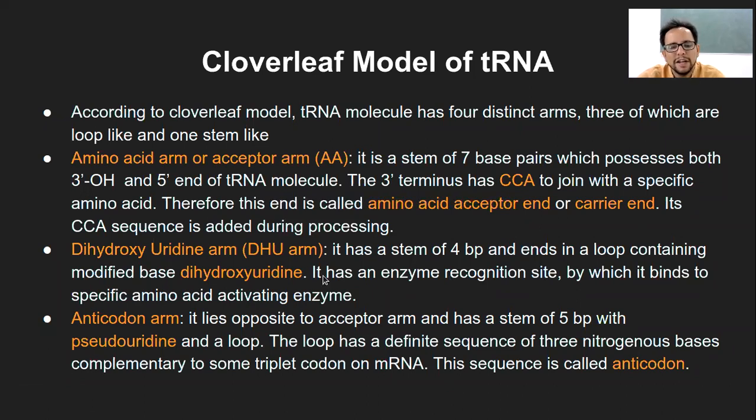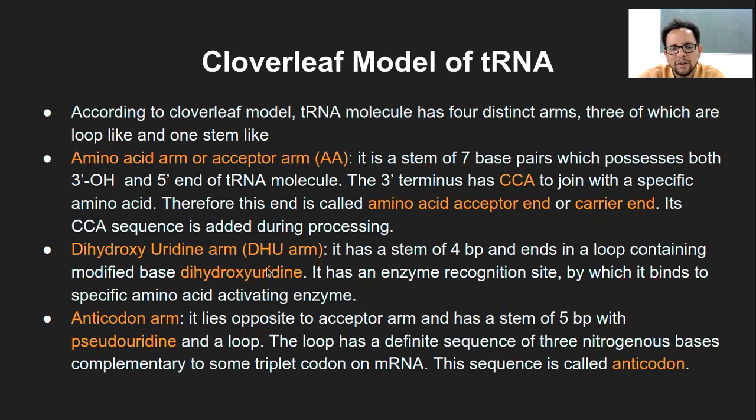That means it will be related to a specific amino acid when they have to bind together. Let's say, for example, lysine or leucine and isoleucine, any of these two amino acids out of those 20 or 21, they will have to bind. So the enzyme has to be specific, and that will be dependent on the whole structure of tRNA.